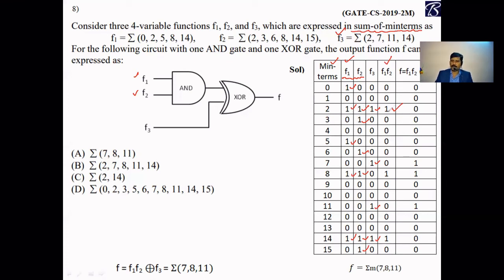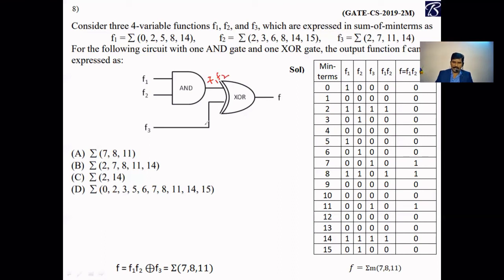AND operation 1 into 1 is 1. The remaining all zeros, and observe here, this is 1 and 1, this becomes 1 because of AND operation, and remaining all zeros, and observe this one, this 1 into 1 becomes 1. So this is f1 f2.